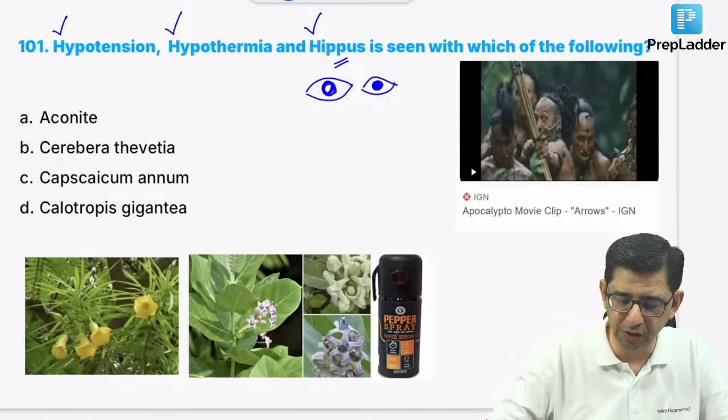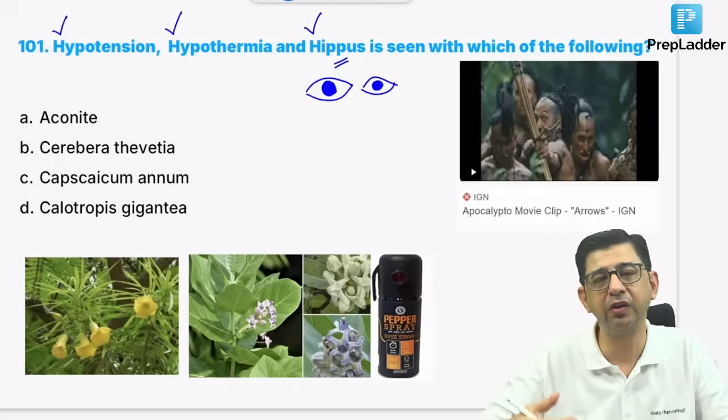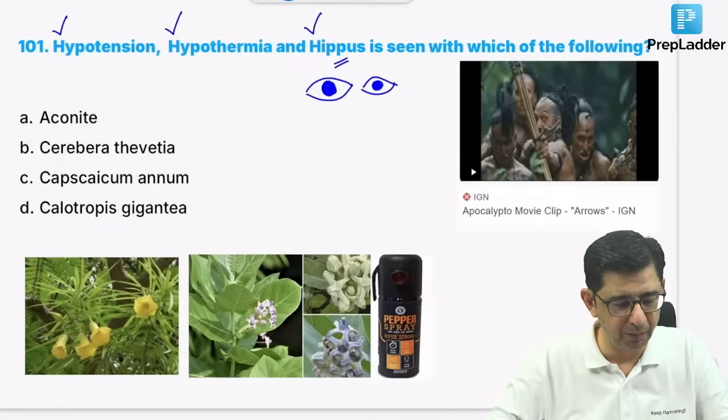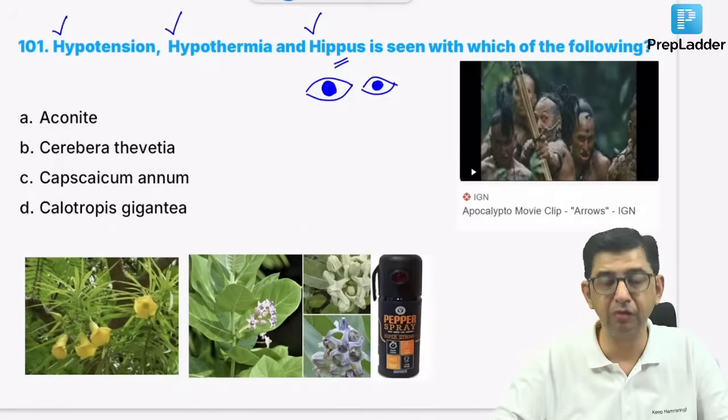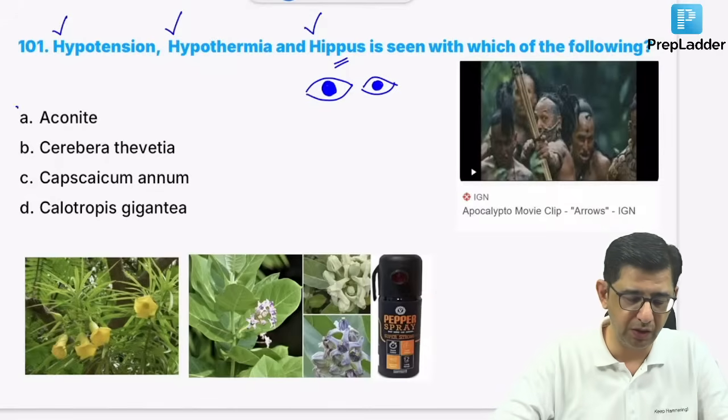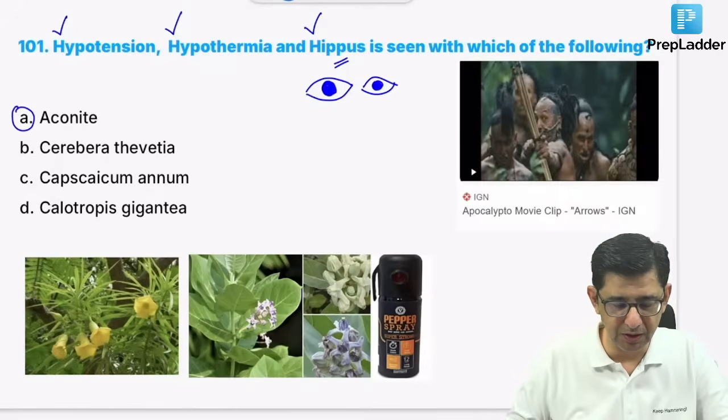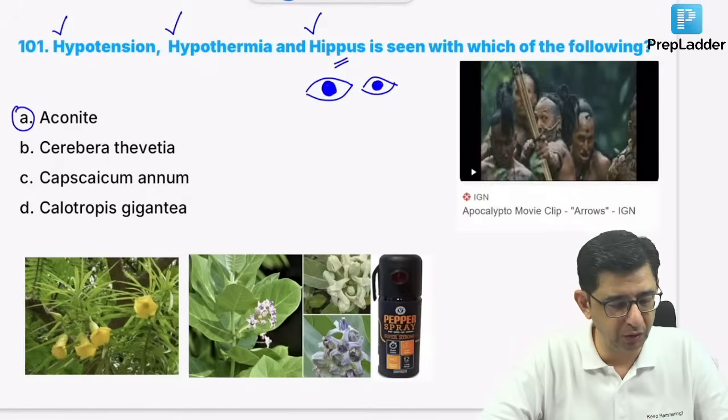That's because sympathomimetic stimulation causes mydriasis, and parasympathomimetic causes miosis. Because of this, the poison that we're talking about is aconite. That is one of the main aspects that you need to remember for this one.